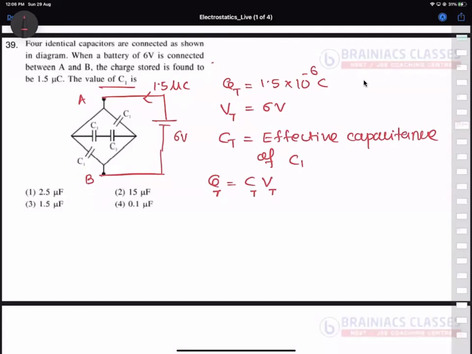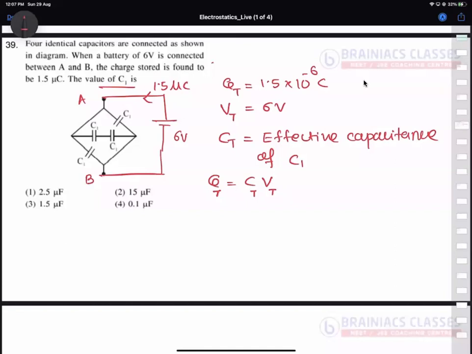Total charge equals total capacitance into total voltage. QT is given as 1.5 into 10 power minus 6, voltage is also given as 6 volt, and CT has to be found. CT means the effective capacitance of C1.